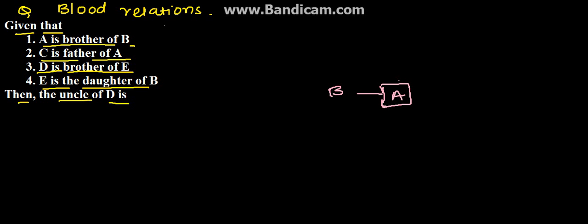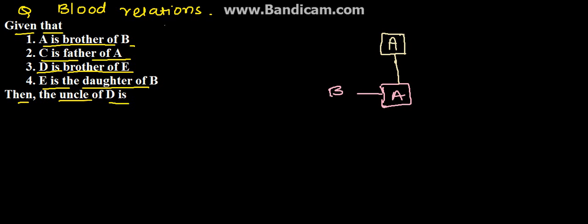Now the second point is C is father of A. So here C is father, so we'll go in the upper direction and he is a guy, so we'll put it in a box. So C is father of A.